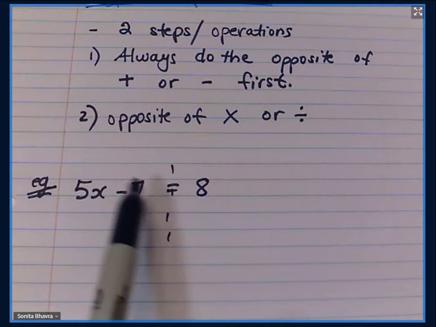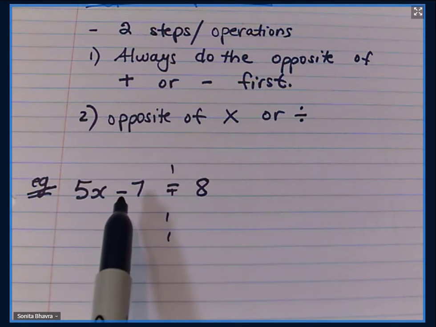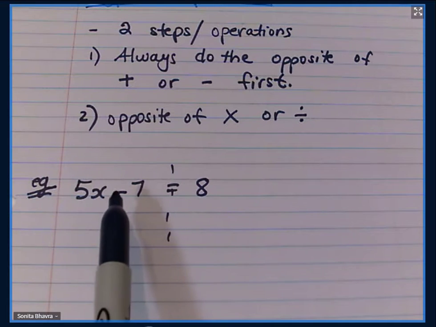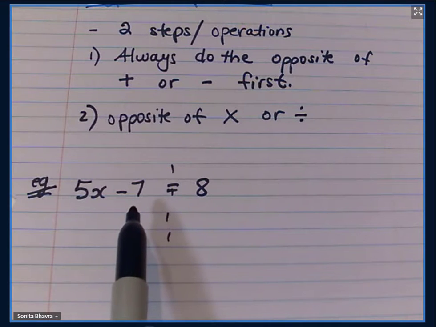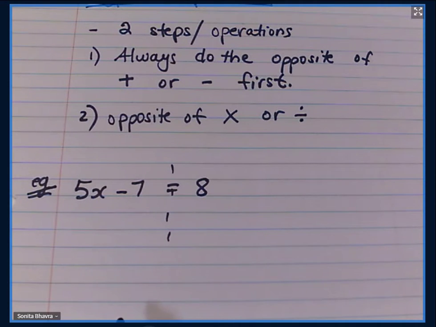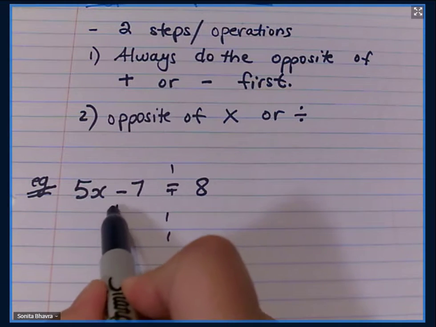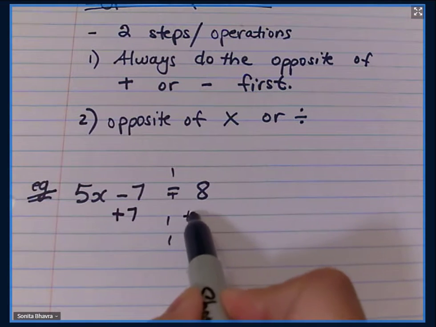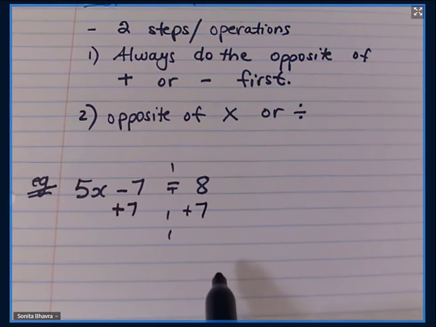All right, so in this case, we have 5x minus 7. So our rule is we always do the opposite of addition or subtraction first. All right, so we have a negative 7 here, or minus 7. So the opposite of that is to add 7. All right, but because we do it to the left-hand side of our equal sign, you have to do it to the right-hand side as well.